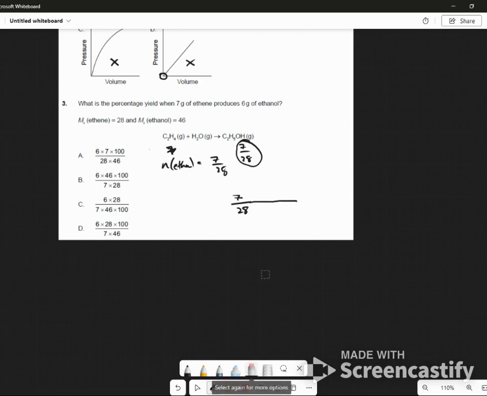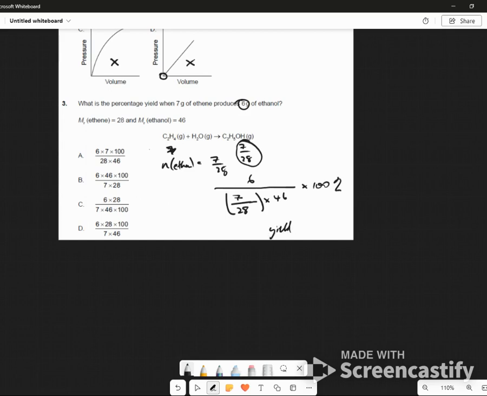so let's get rid of this for now. That's the number of moles of ethanol times the relative molecular mass of ethanol, which is 46. That gives us the mass of ethanol. All right, that's the theoretical yield, so that goes in the bottom. But we actually got 6, times 100, and that's the yield of ethanol.